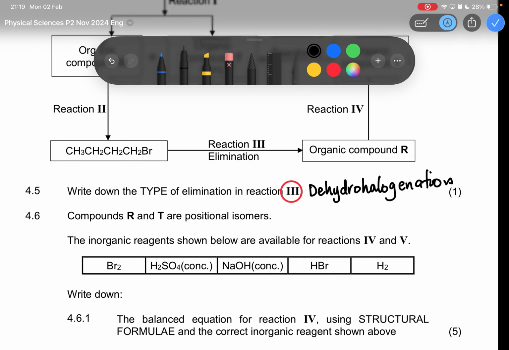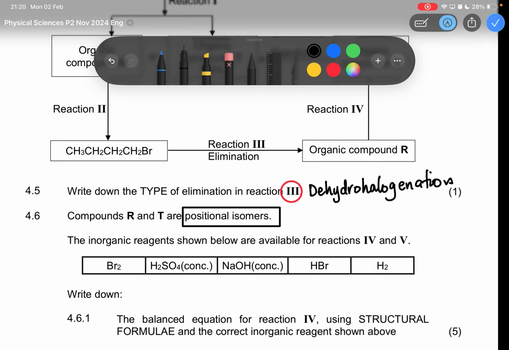So now, compounds R and T are positional isomers. They are bringing those old terminologies that you started with when you were learning this organic chemistry. And if you have forgotten them, then it becomes a problem.